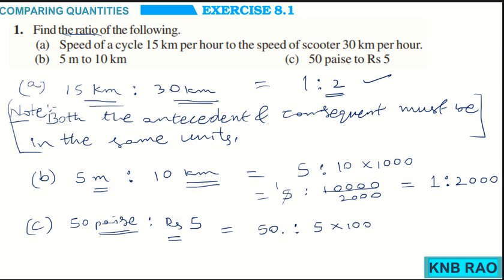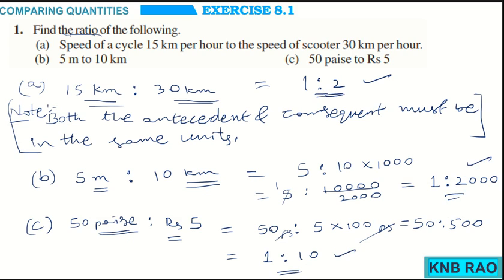Now paise will get cancelled. So we will have 50 is to 500. After removing zeros and after cancellation, after simplification, I can say it becomes 1 is to 10. This is the right answer.